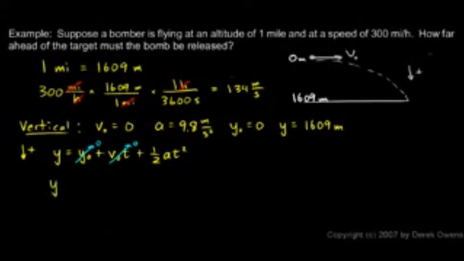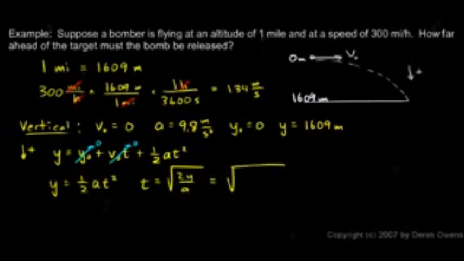So we just have this equation, y is 1/2 at squared. And we can solve this for t. When we do the math, t ends up being the square root of 2y over a. And that's the square root of 2 times 1,609 meters divided by the acceleration of 9.8 meters per second squared.